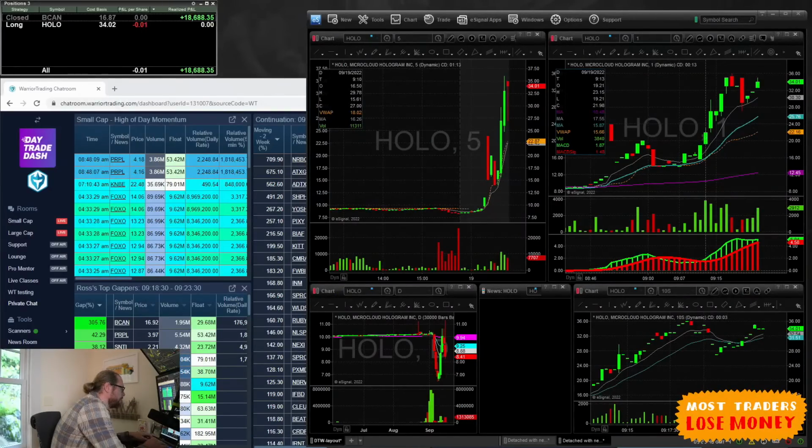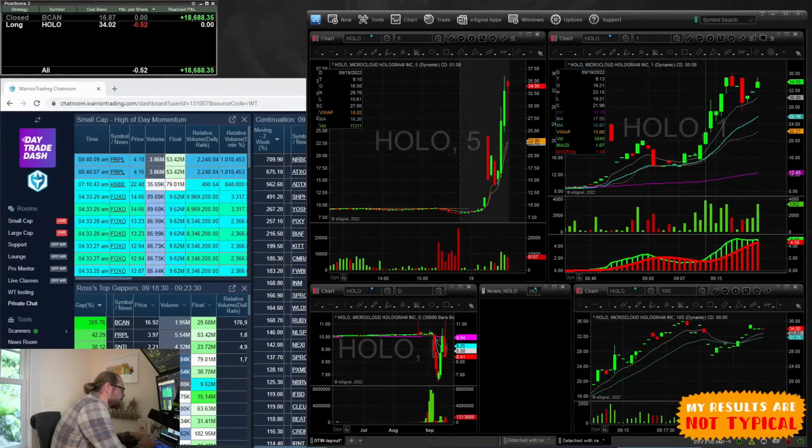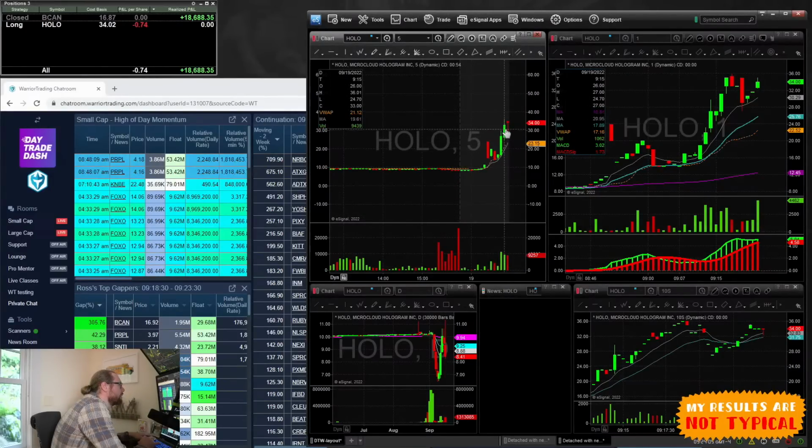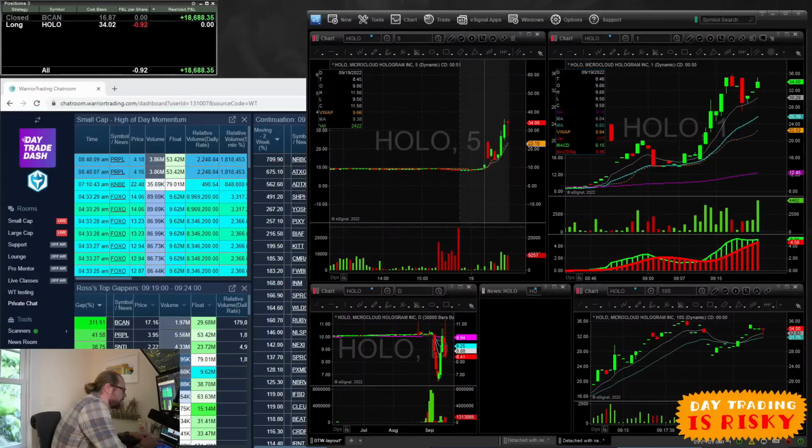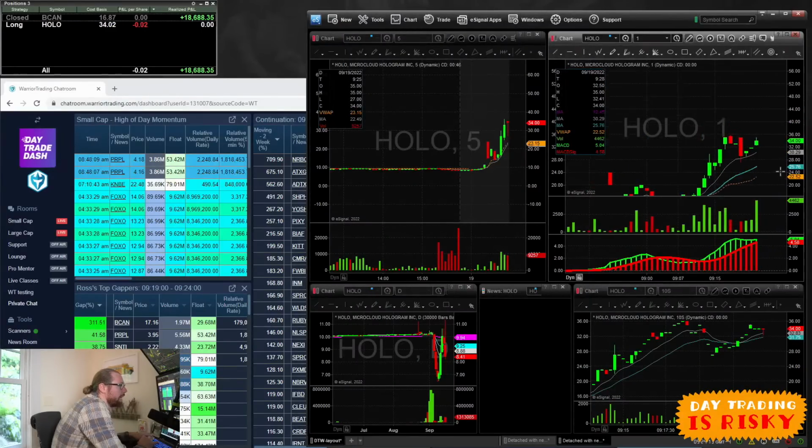Starter on HOLO there at 34 for the breakthrough 36. High of this candle is 36. New order goes at 36 to add. And then we'll look for a move up to 37, 38. So high of this candle right there is 36. Watching over that level for the double top breakout.